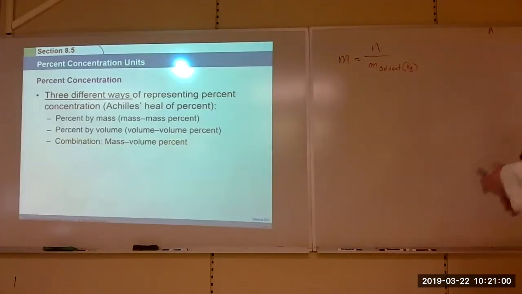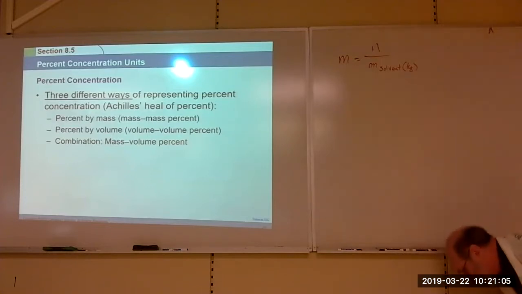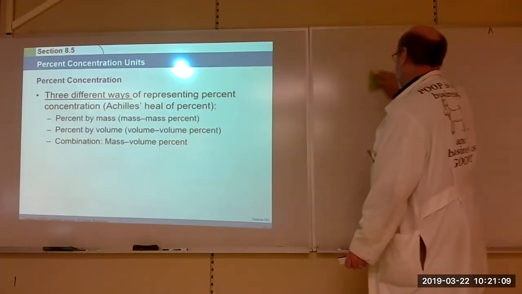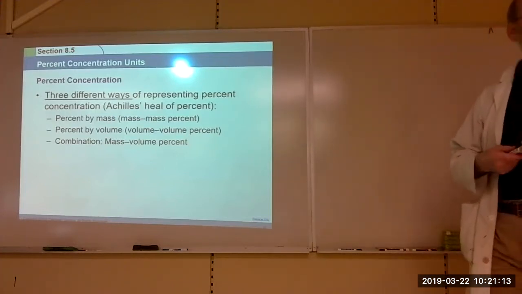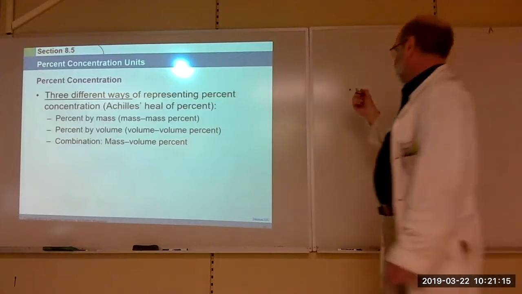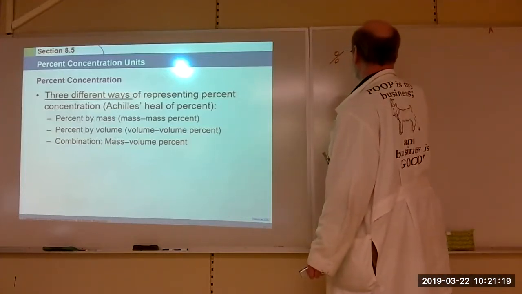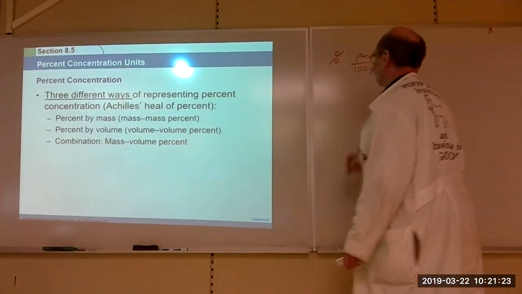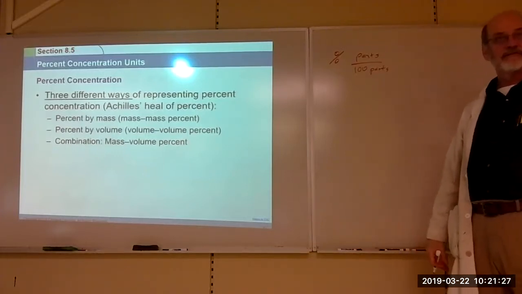Okay. The problem with percent concentration. We'll go back to that one for a second. The problem with percent is it's a dimensionless number. Percent means parts per 100 parts, which means it has no dimensions, right?